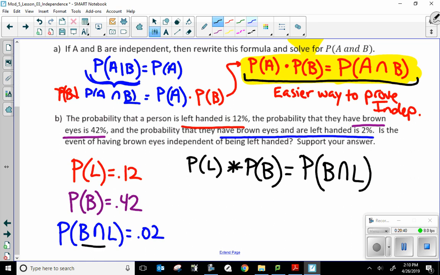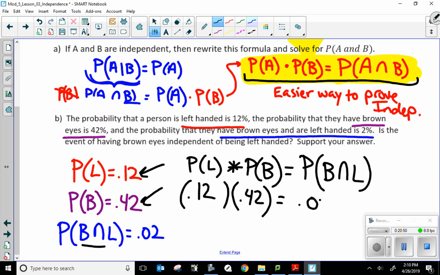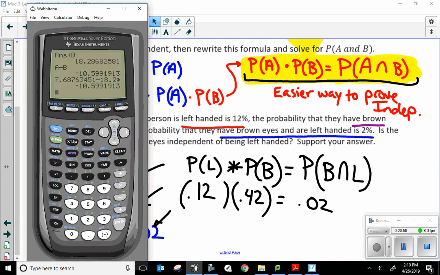So is 0.12 for left-handed times 0.42 for brown eyes equal to 0.02? Let's take 0.12 and multiply it times 0.42. We have a calculator. Let's clear that out.